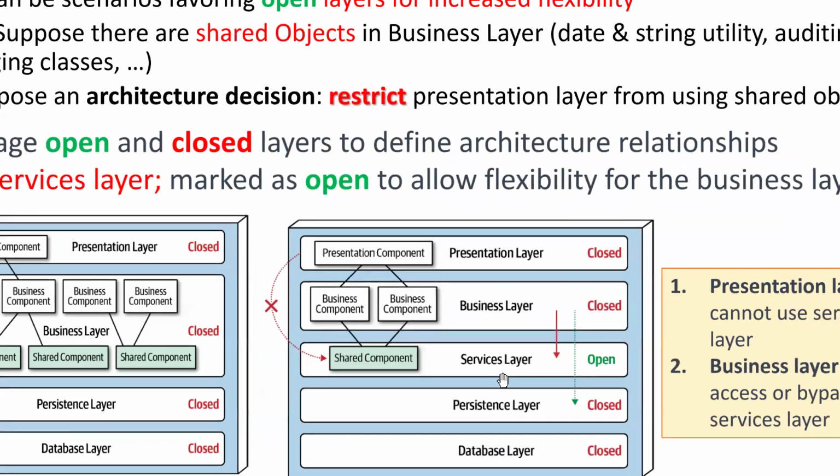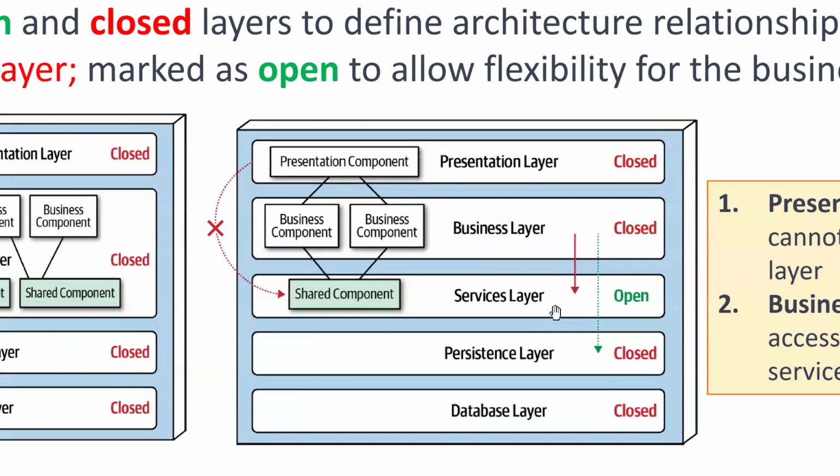Let's see what we have done. We have just introduced a new layer, a service layer, and we put all the shared components here. And then we make this service layer open. What does closed mean? Closed means the presentation layer can only talk to the business layer.